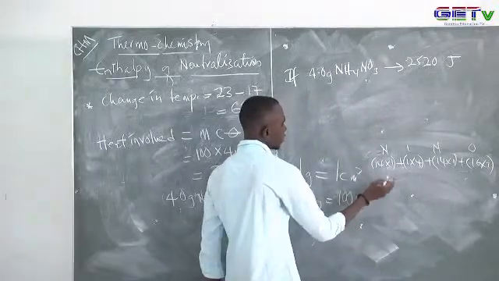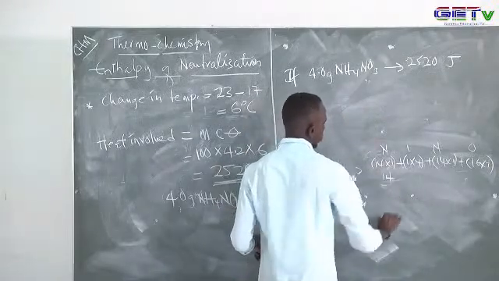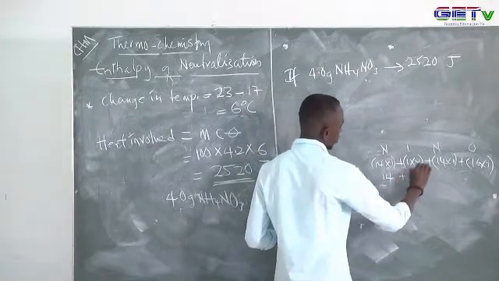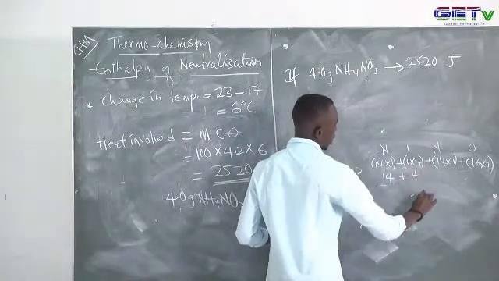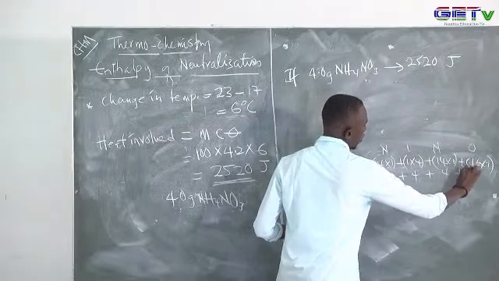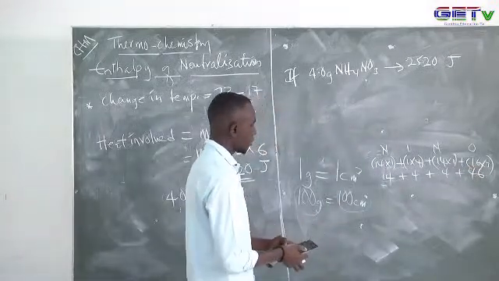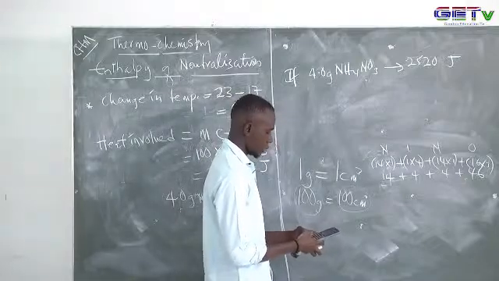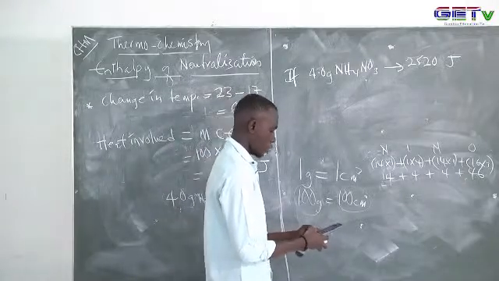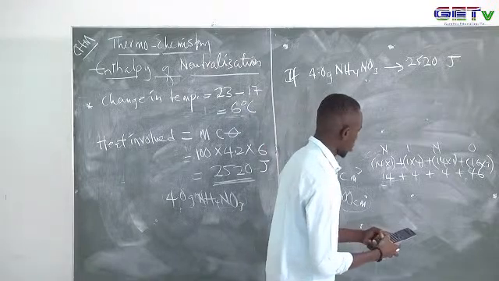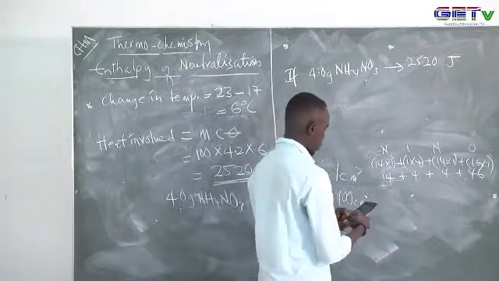Now here we'll have 14. Here we'll have plus. Here we'll have 4. And here we'll have 14. And here we will have 46. So now we will say 14 plus 4 plus 14.